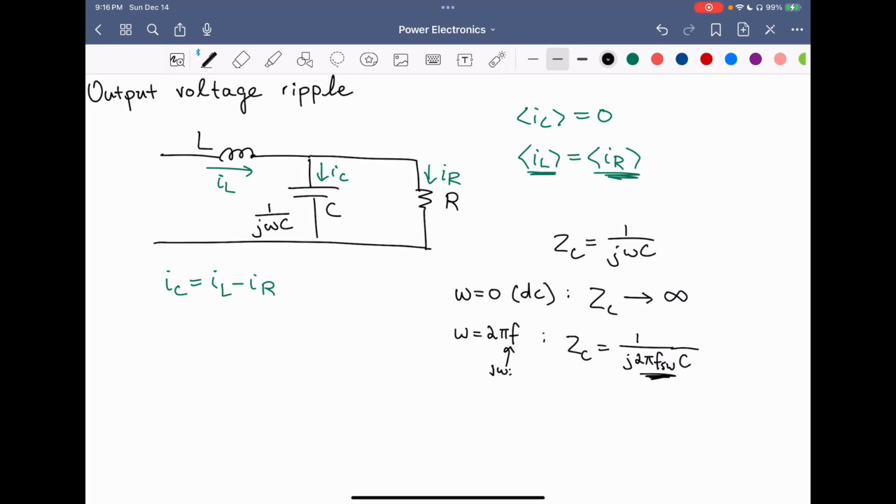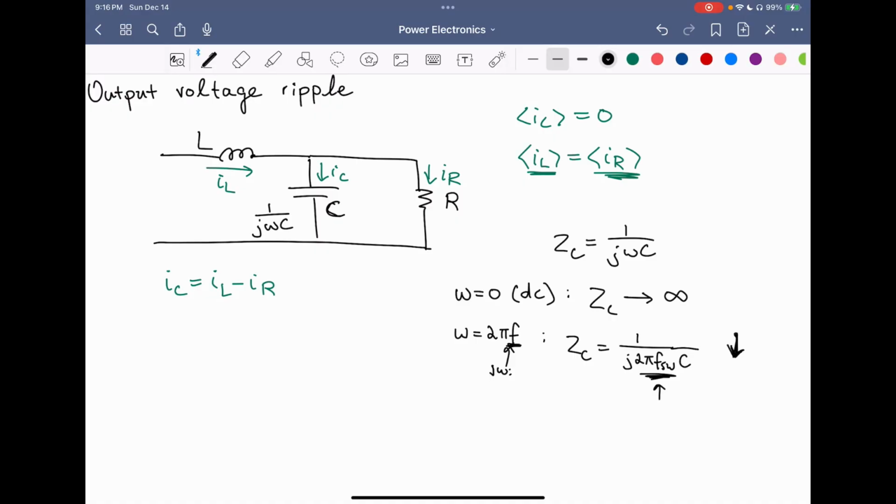Now, if this switching frequency is large enough, then that means this impedance is small. So if we design this output filter capacitor C to be large enough, essentially at the switching frequency f, we're going to get the impedance of the capacitor to be small.